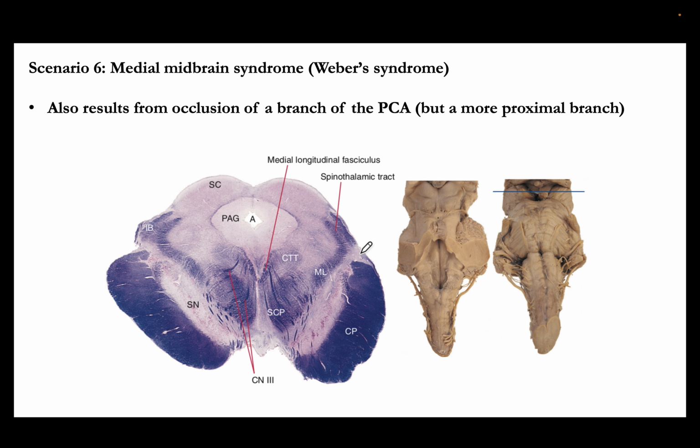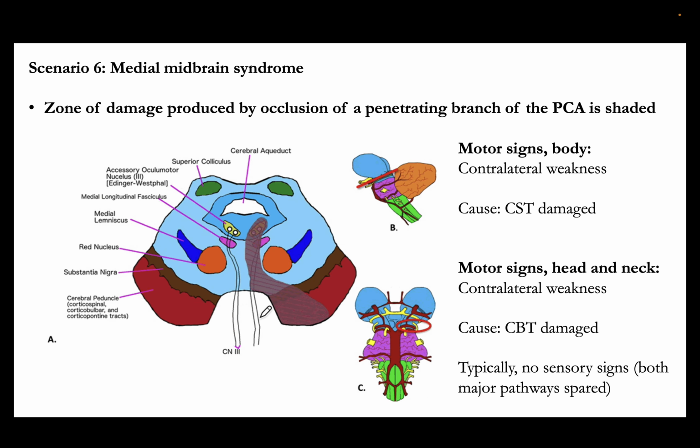This also results from occlusion of a branch of the PCA, but it's a more proximal branch, or a paramedian branch, for example. And so this is the type of infarct that might result from that proximal or paramedian branch.